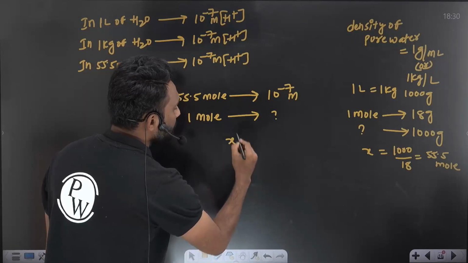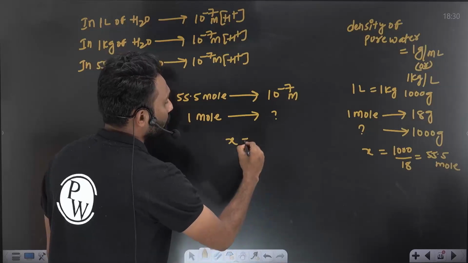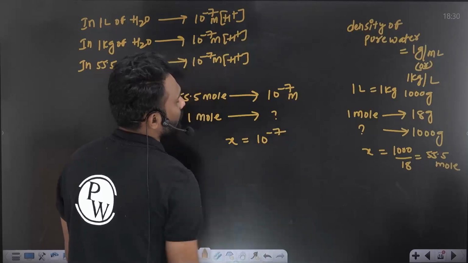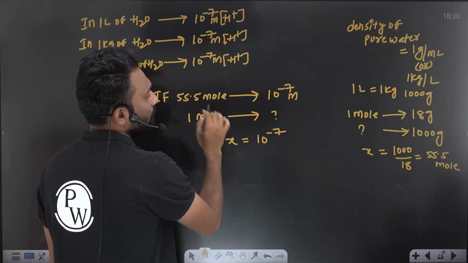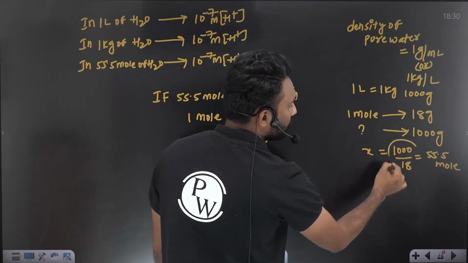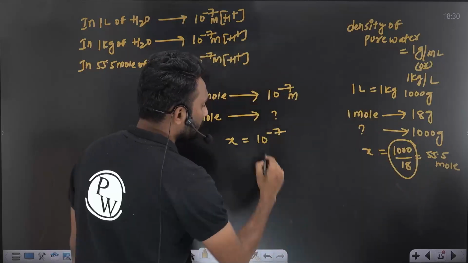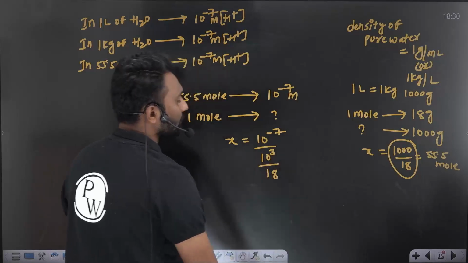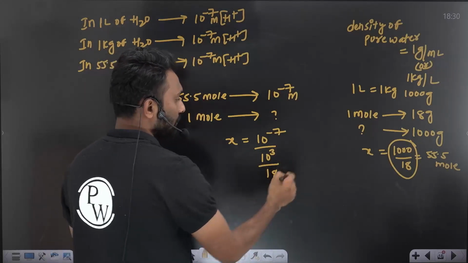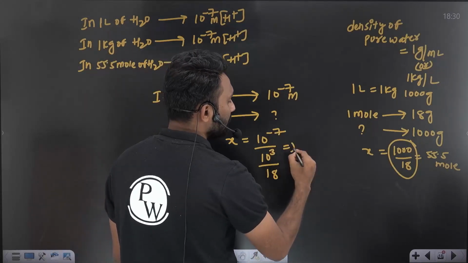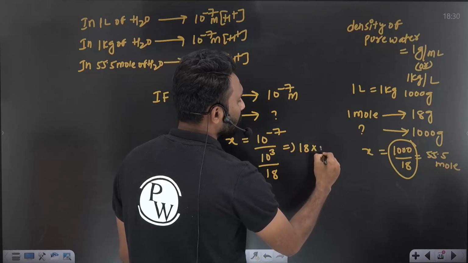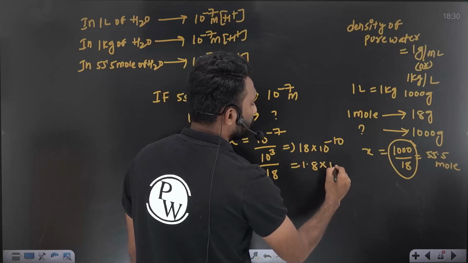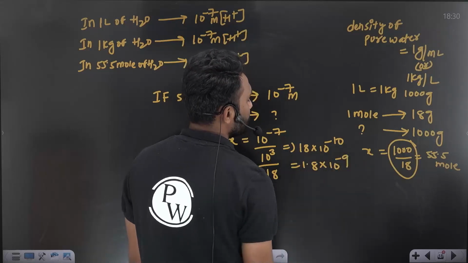Now x is equal to 10 to the power minus 7 by 55.5 moles. We can write 1000 by 18, that is 10 raised to 3 by 18. If you take the 18 to the upside, it becomes 18 into 10 to the power minus 10, which is 1.8 into 10 to the power minus 9.